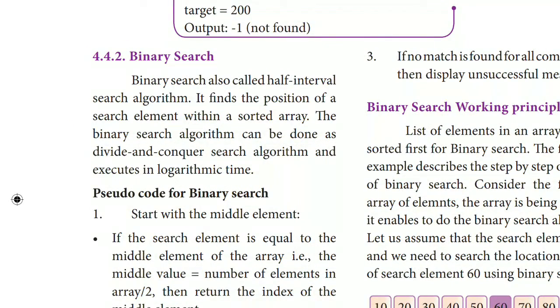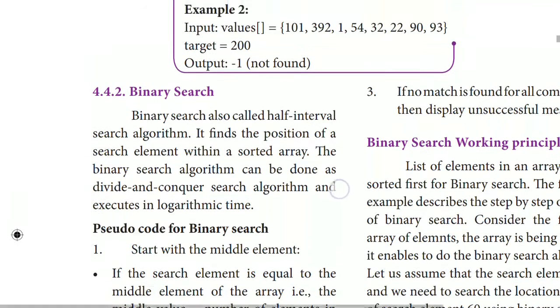Okay, so binary search is also called half interval search algorithm. So this is another type of search technique. It finds the position of the search element within a sorted array.